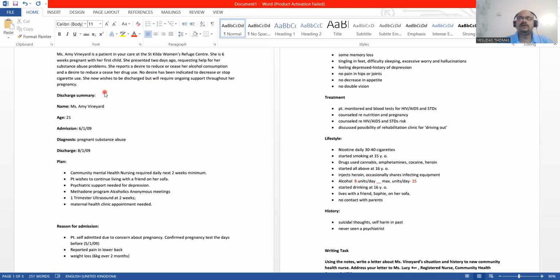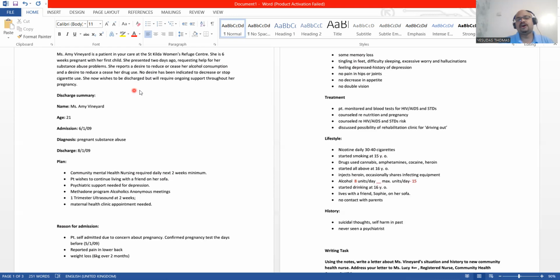So she is not currently ready to reduce her cigarette use, but she is ready to cut down the units of alcohol she consumes, and she's ready to cease her drug use too. This is what we can understand.